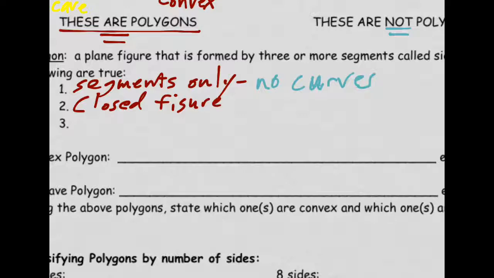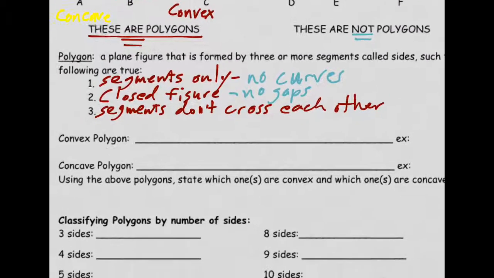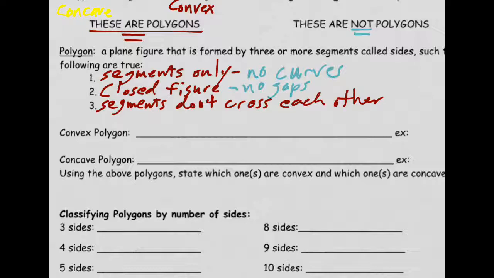That means no gaps, no openings. And last but certainly not least, segments don't cross each other. So those are three of our rules for what is and what isn't a polygon.